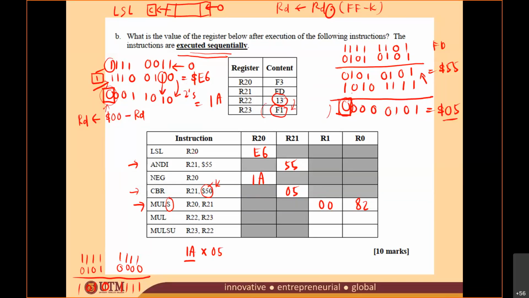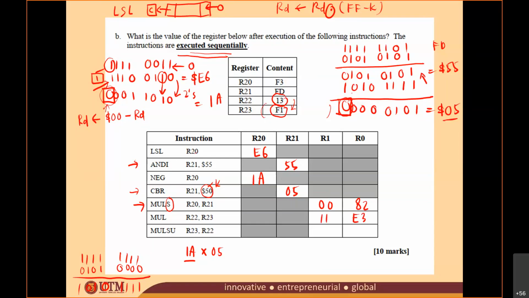Anyone? 11E3. Okay, 11E3. Okay, hopefully all of you got the same answers ya. Semua dapat jawapan yang sama ya.